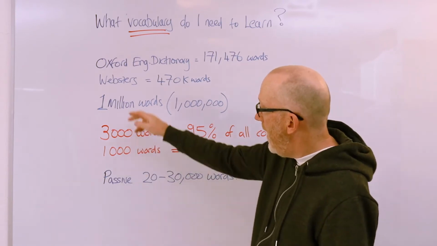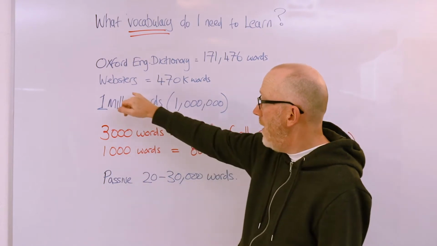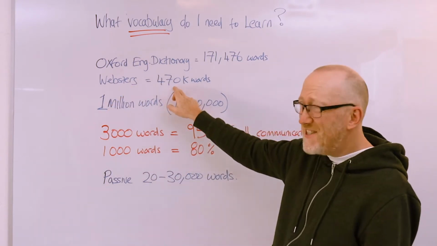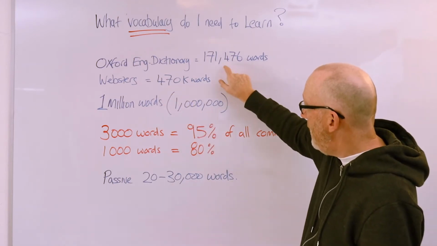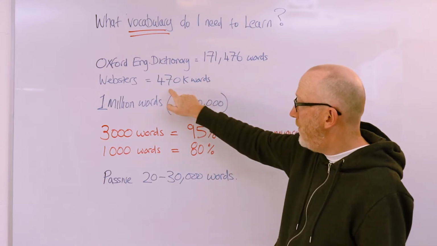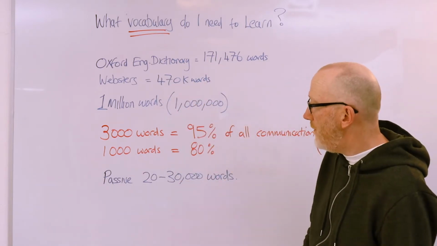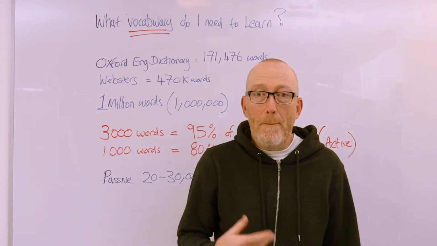Another dictionary, and you can Google these if you're not sure about these, Webster's, their dictionary has 470,000 words. So you can see there's a very big difference, 171 to 470. It's a very, very big difference in the number of words. Now there are some estimates that there are 1 million plus words.